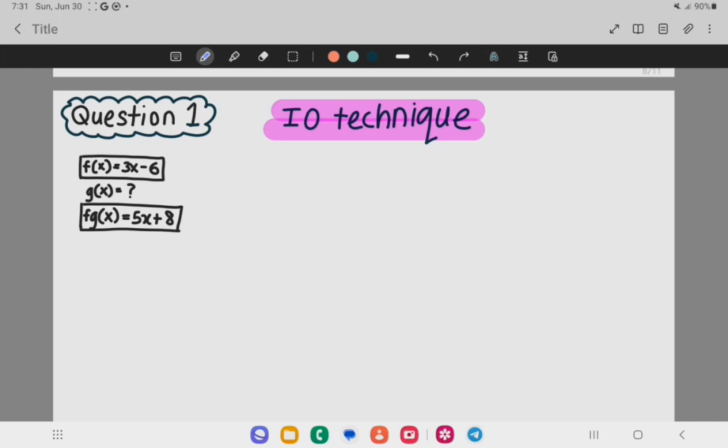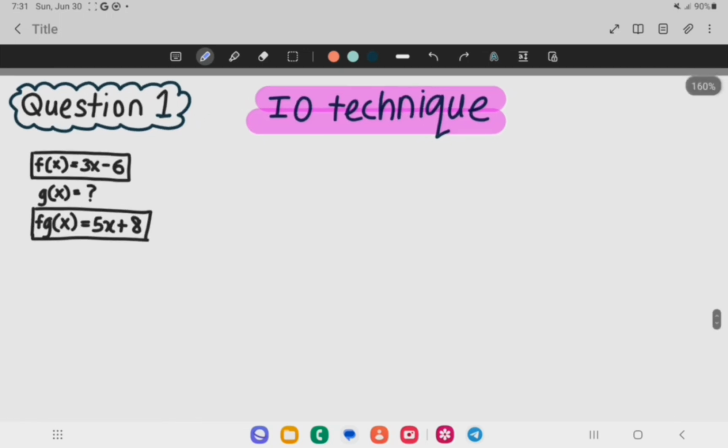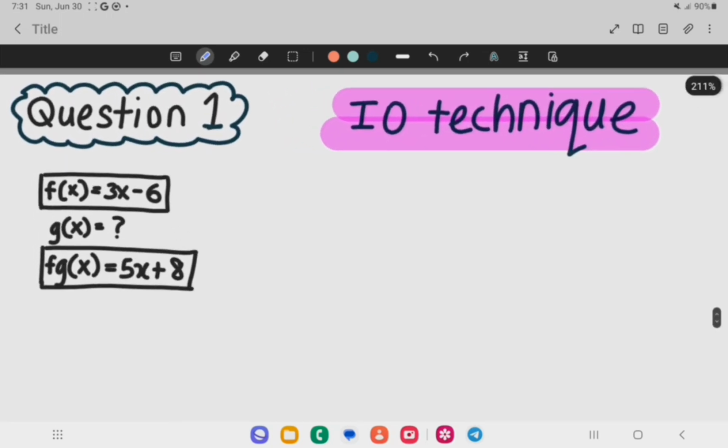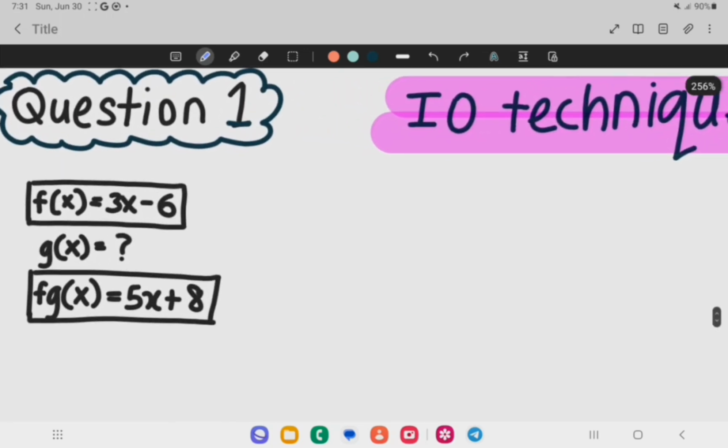Okay, so IO technique. First thing first, you look into the question. Fx is given, single function is given. Fgx is a composite function, which is also given there. So now you are required to find gx, which is a single function.